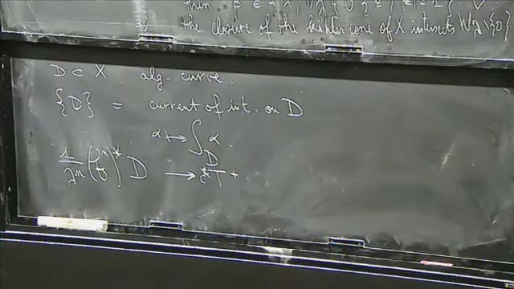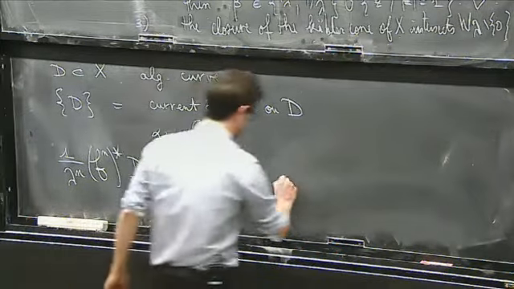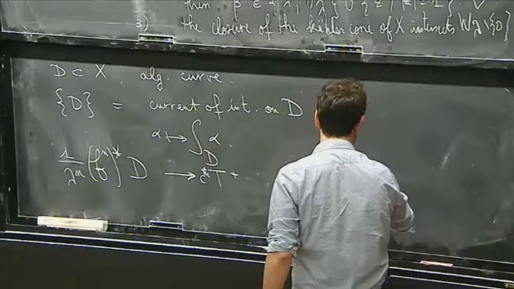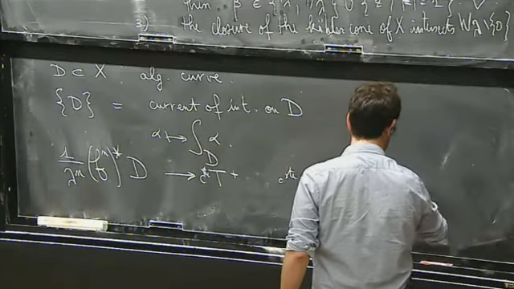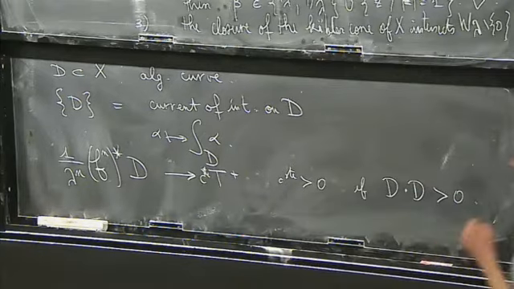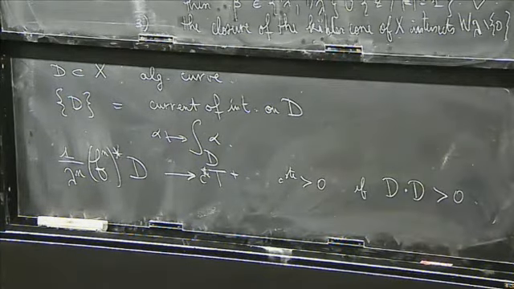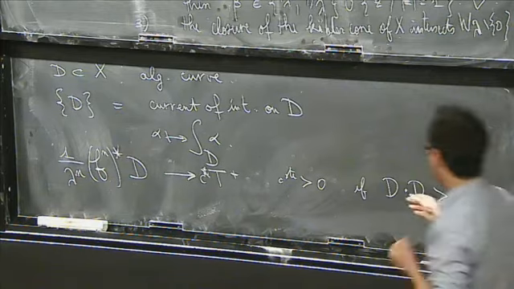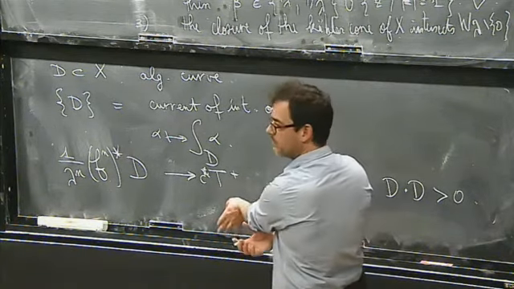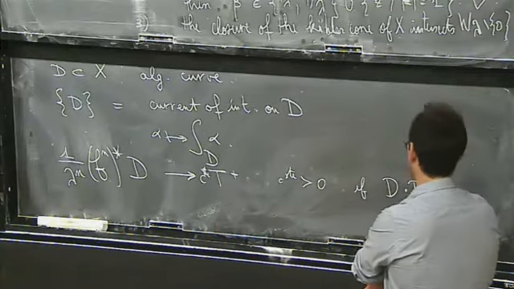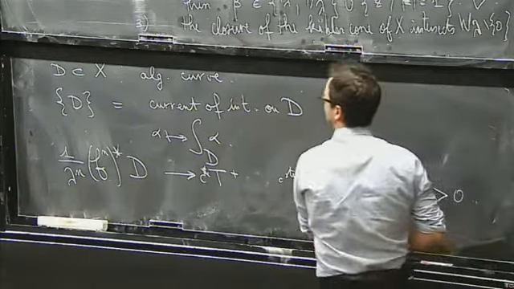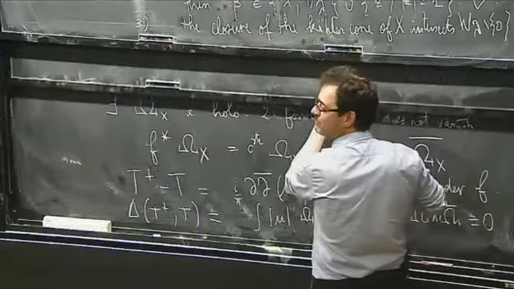And the constant is positive, for instance when the self-intersection of D is positive. So it's exactly the same kind of result as the results proved by Eric Bedford this morning for algebraic curves. Somehow it's easier to prove here.